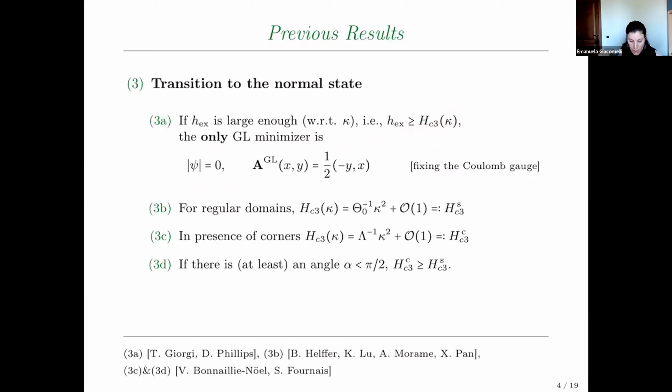Why here did I write C3? Because the value of C3 strongly depends on the domain you are working with. In particular, if your domain omega is smooth, then it is proved that this critical value is given by this quantity here, which I called C3 smooth.